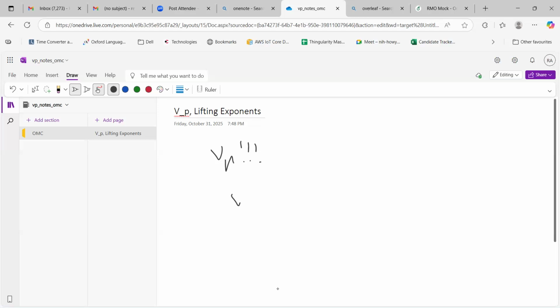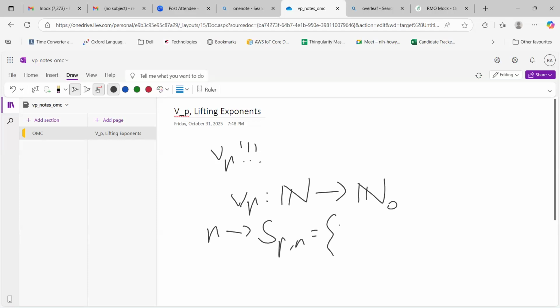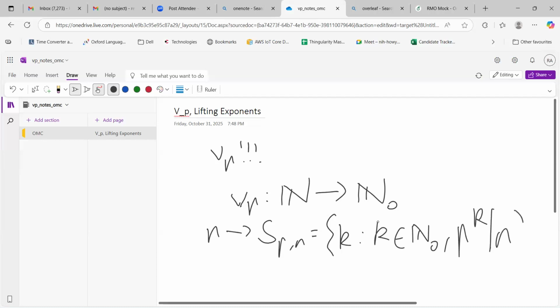The way VP is defined is first we define VP from the naturals to the non-negative integers. We consider a particular prime P, and for every natural number n, we define the set S_{P,n} as all non-negative integers k such that p to the power k divides n.